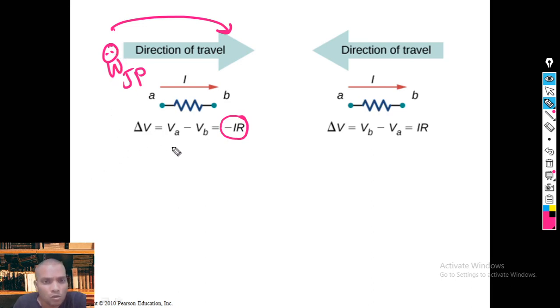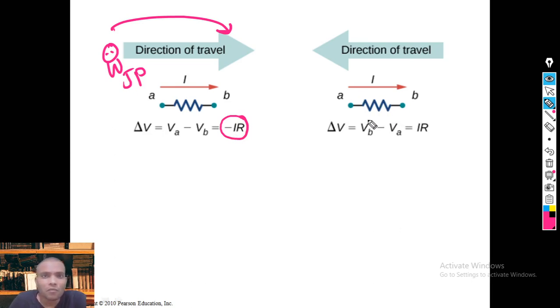After considering a loop, we need to travel along the loop. When we come across a resistance, if the current direction in the resistance and our direction are the same, then you take the product of current and resistance with a negative sign.